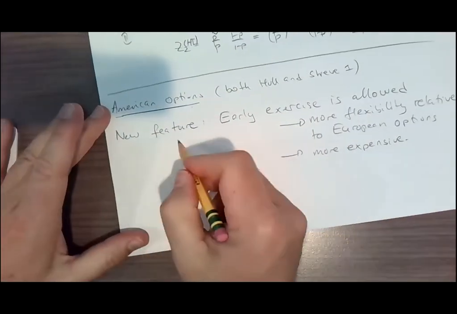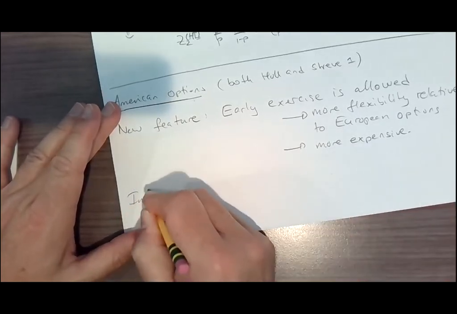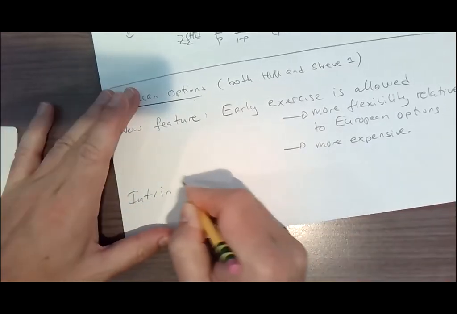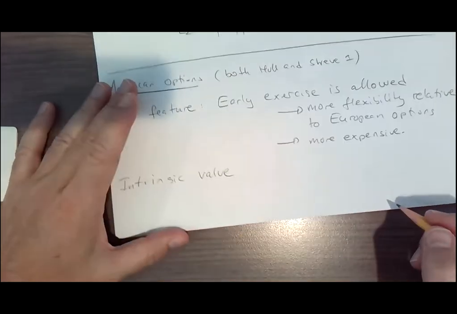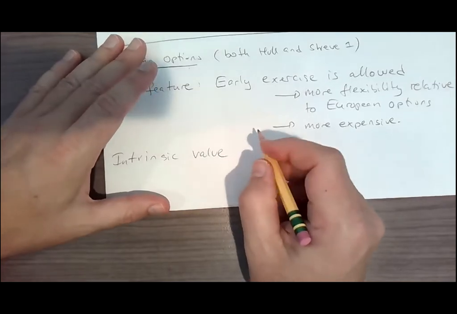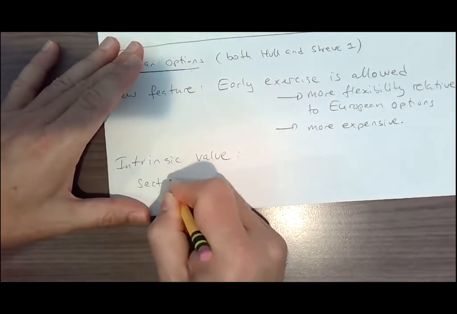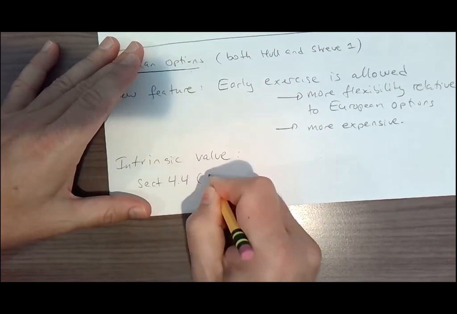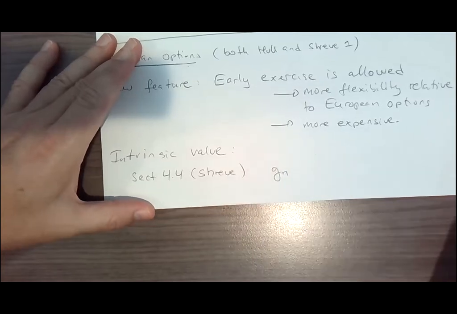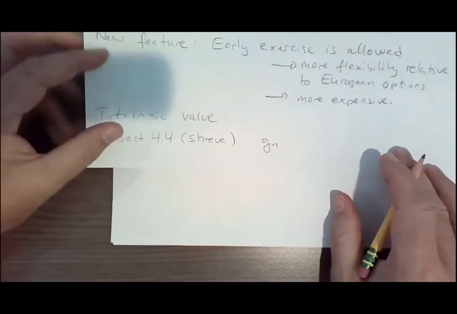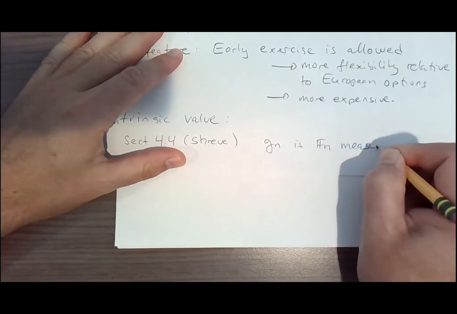To keep track of this new feature, to model it, there is a concept called intrinsic value. If we are in section 4.4 in Shreve, this thing is denoted by GN, and GN is FN measurable.